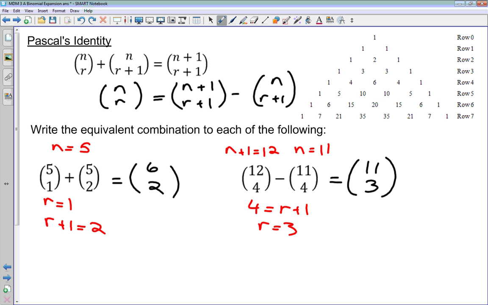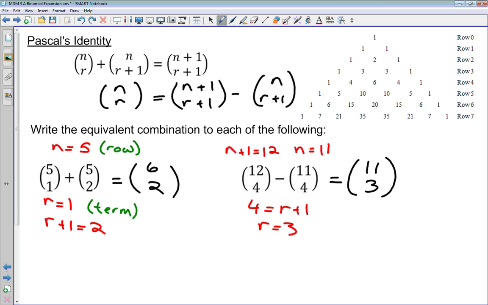Let's treat our n value as the row in Pascal's triangle, and let's treat our r value as the term in each row.